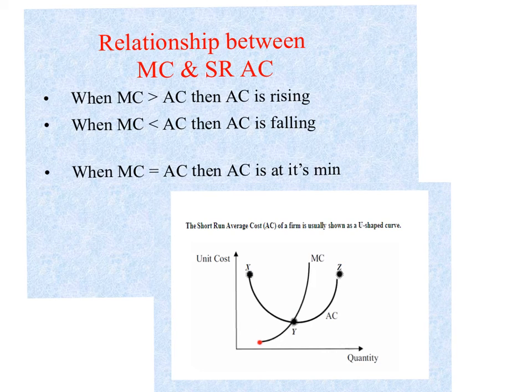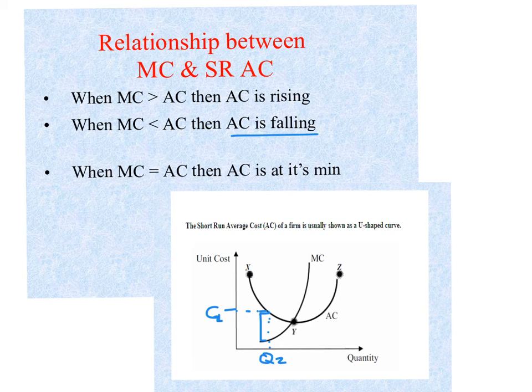This part here up to Y. If we draw a little line there, we'll take C1, and there average cost is greater than marginal cost. We'll call that C2, and there average cost is greater than marginal cost, and average cost is falling.